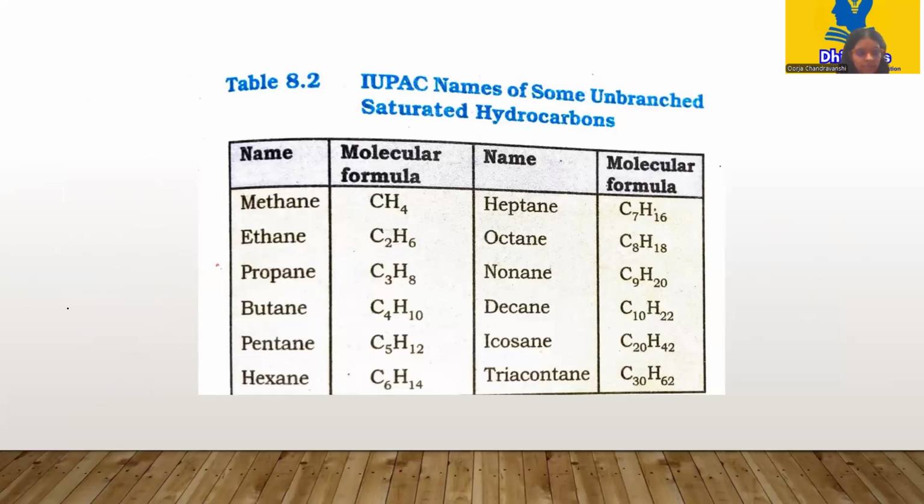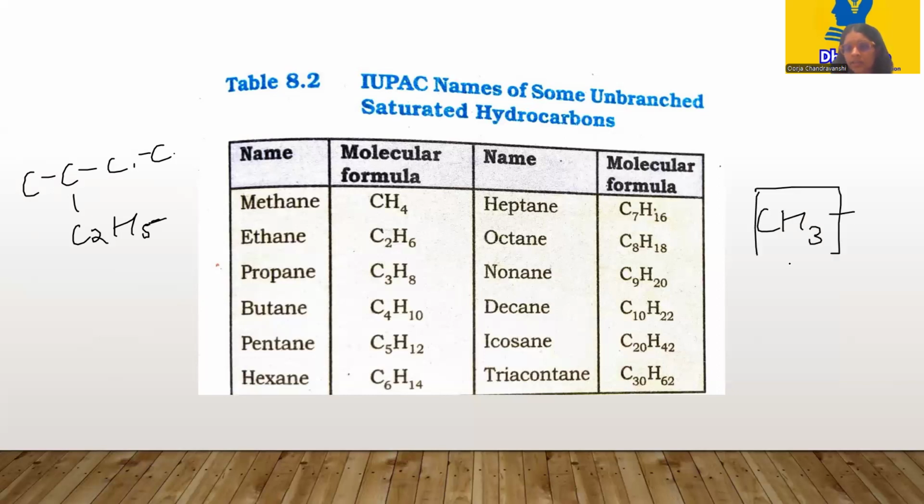Next, if there are 2 or more identical substituents present, the numbers are separated by commas like we already discussed. Suppose I have C2H5. Let's take a moment to discuss these two. This is called methyl. C2H5 is called ethyl.